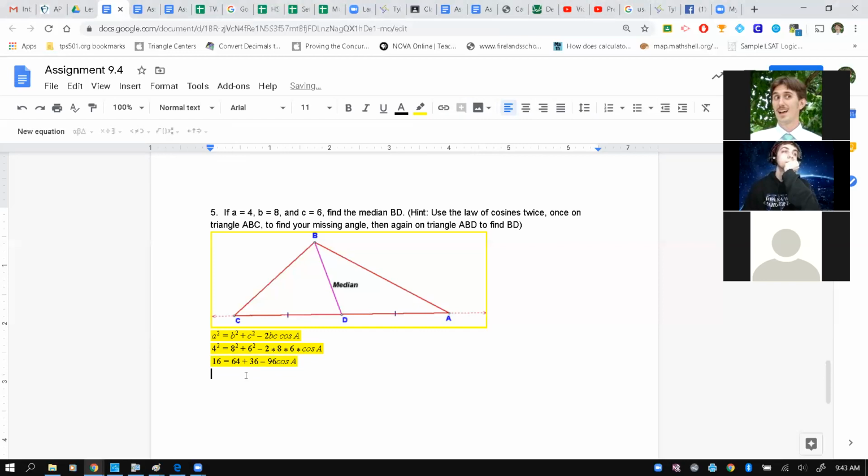All right, and 64 plus 36 is 100. So if we subtract 100 from both sides, we get 16 minus 100, which is negative 84, is equal to negative 96 cosine of A. Then we divide to get 84 over 96 is equal to the cosine of A. And then we take the inverse cosine.